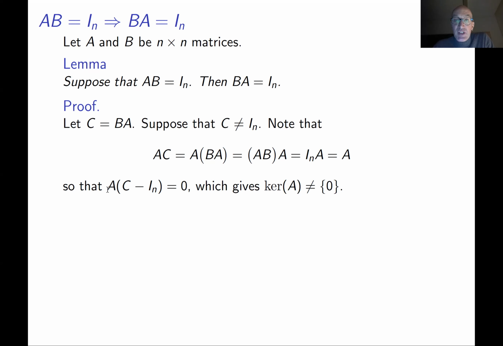When you multiply matrix A by this matrix C minus identity, it's the same as multiplying A by each column of the matrix C minus identity. So at least one such product is not 0. Basically, if we take a non-zero column of this matrix C minus identity and multiply it by A on the left, we get a zero vector.